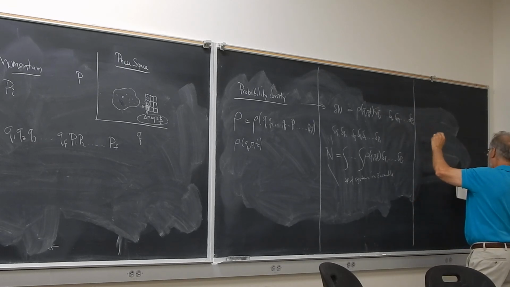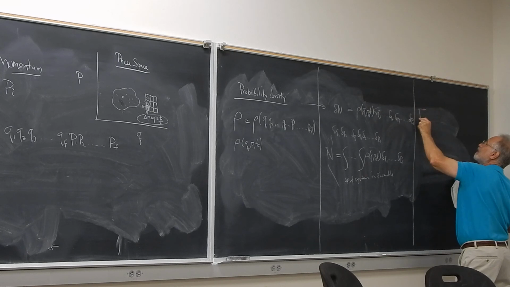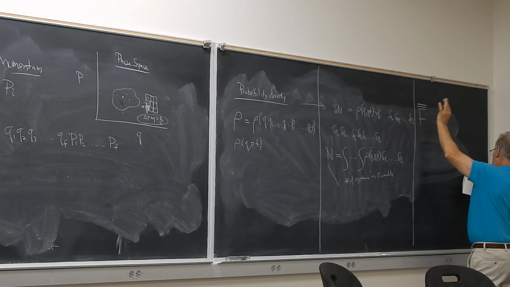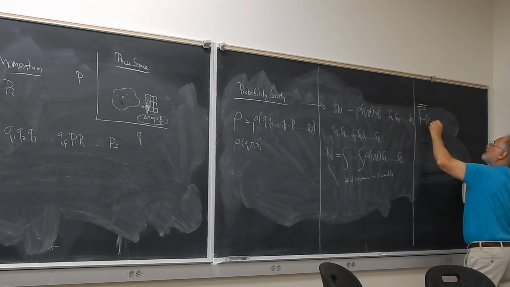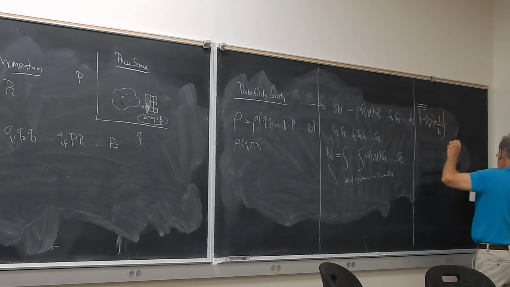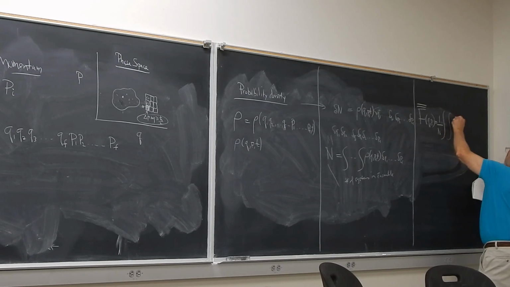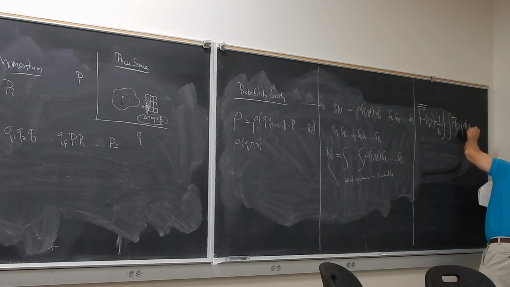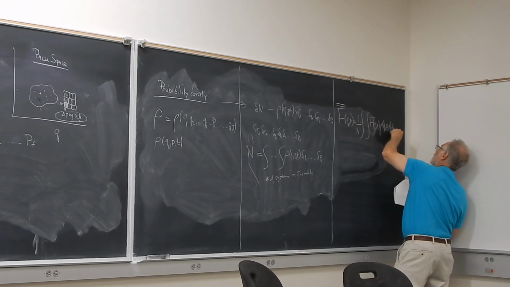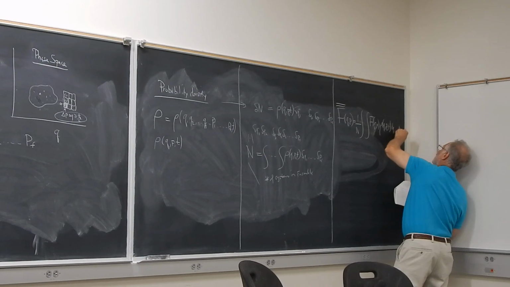So suppose we call that quantity capital F. So we're going to write the average pressure or mechanical quantity, whatever it is, a function of q and momentum, is 1 over N times all of these integrals of F of q, p, rho of q, p, and t, and then of course dq1 through dpf.